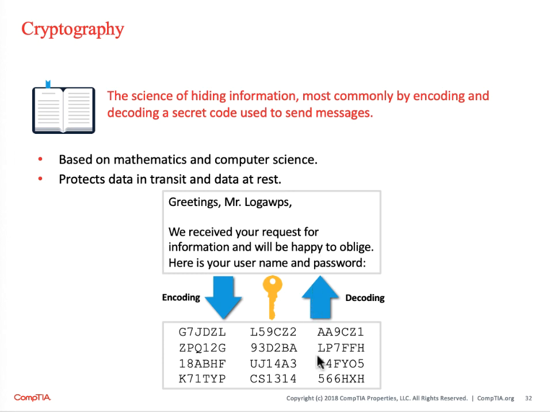So this greeting, Mr. Logo WPS, encoded with this key will provide this, and then using the same key, it can decode it and provide us with the plain text.